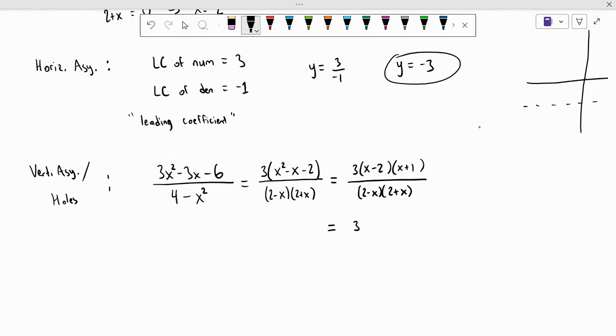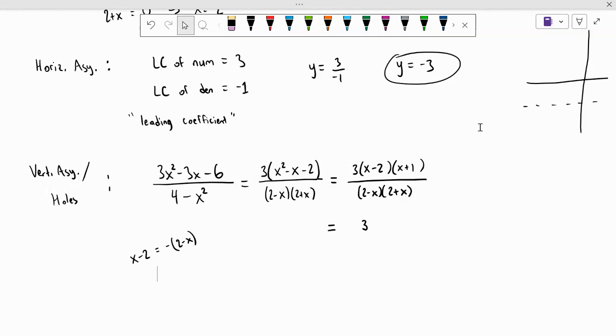So x minus 2 and 2 minus x, how are those two expressions related to each other? Inverses, yeah, that's kind of the idea. By inverses, I think what you mean is one of them is the negative of the other. If you take 2 minus x and multiply it by -1, this will give you -2 plus x, so it is the same as x minus 2.